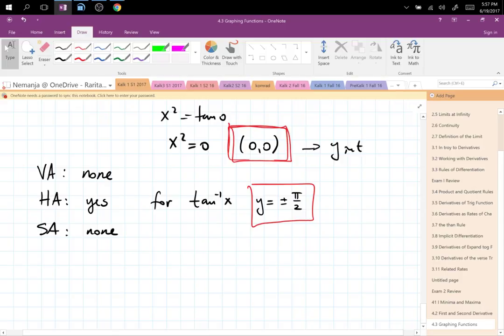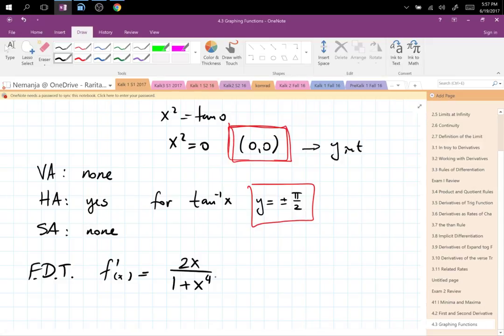Now, the next order is the first derivative test, not the next order of business. And the first derivative would be 2x over x to the 4th, right?